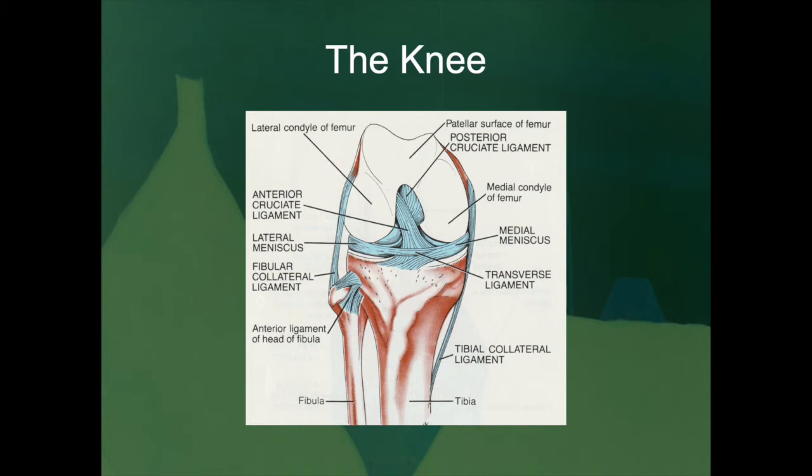There is a lateral meniscus, a similar kind of structure, similar kind of material, more of an O shape in terms of its orientation within the body. And then the anterior and posterior cruciate ligaments. These are part of a system of intra-articular ligaments that are connecting the tibia and the femur.